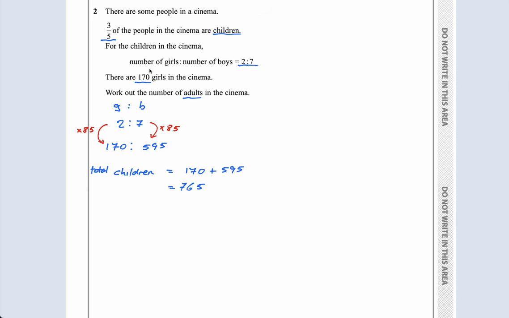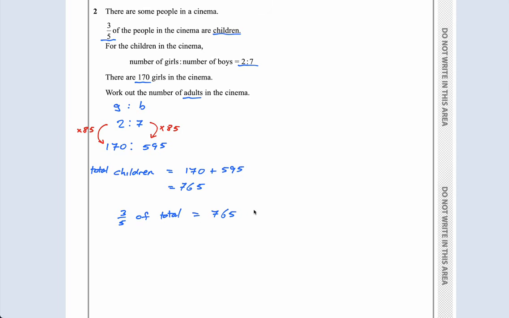Now he says 3/5 of the people are children. So 3/5 of the total equals 765. Now if you want to use an x here, you can, guys. You can say 3/5 x equals 765 and solve that. I'm just going to do it without using the x.